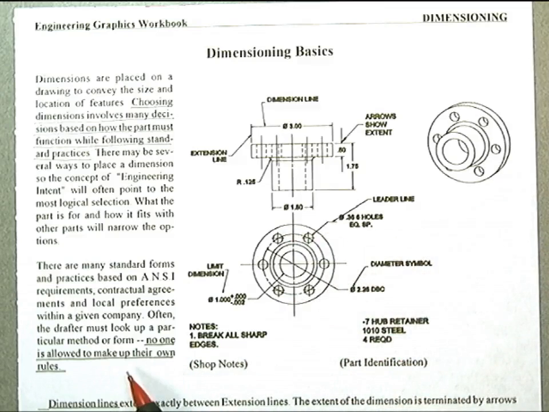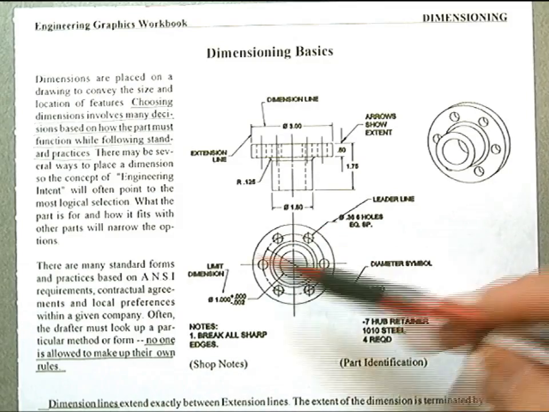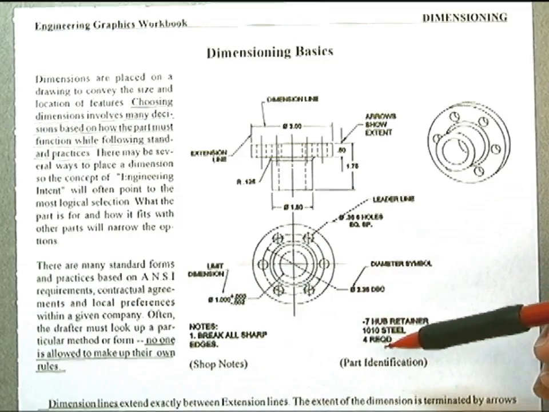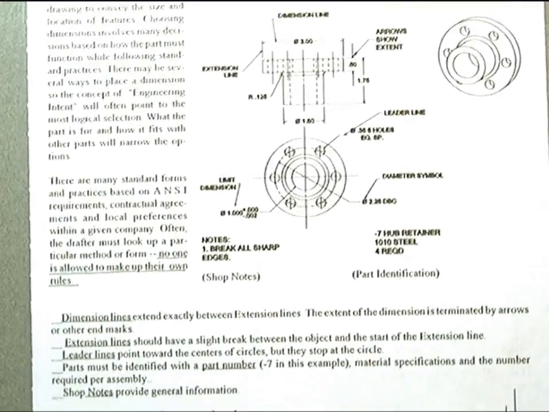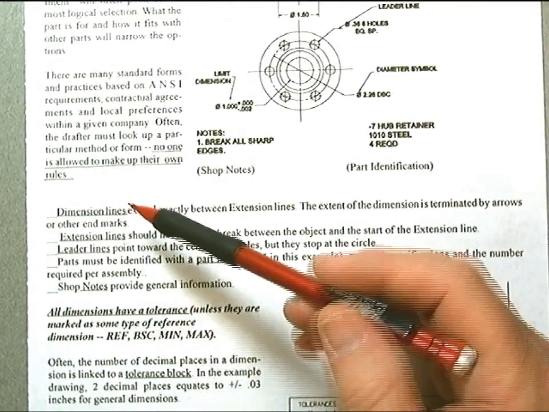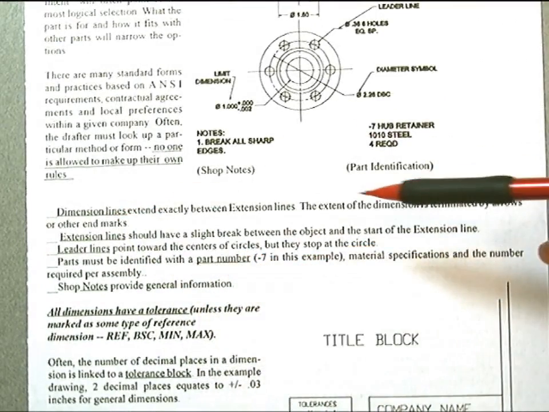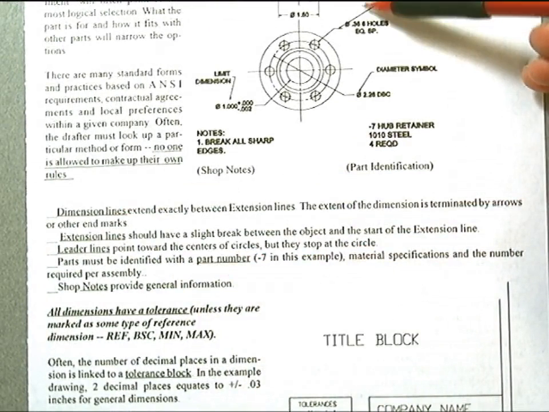Essentially, though, no one is allowed to make up their own rules. You'll need to follow company or the American National Standards. There are essentially 4 parts concerning dimensions. Your dimension lines that extend between the extension lines.